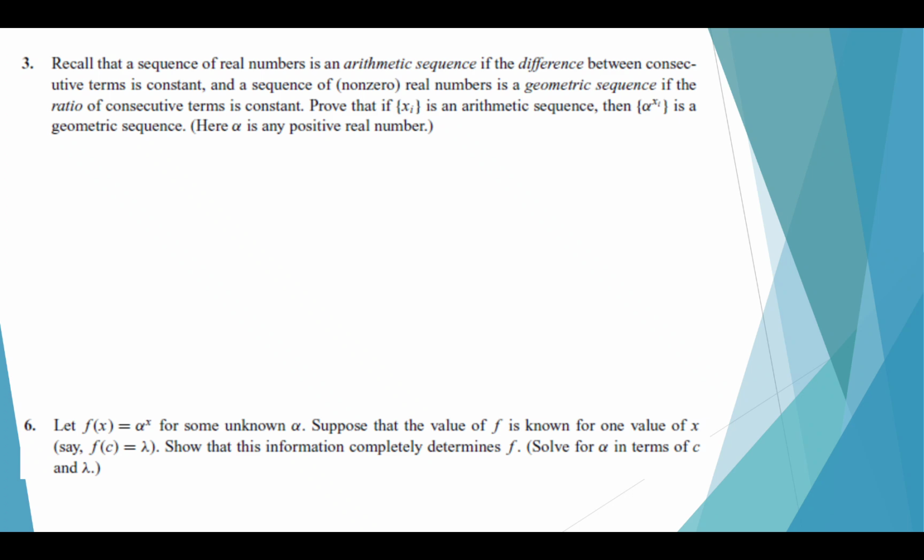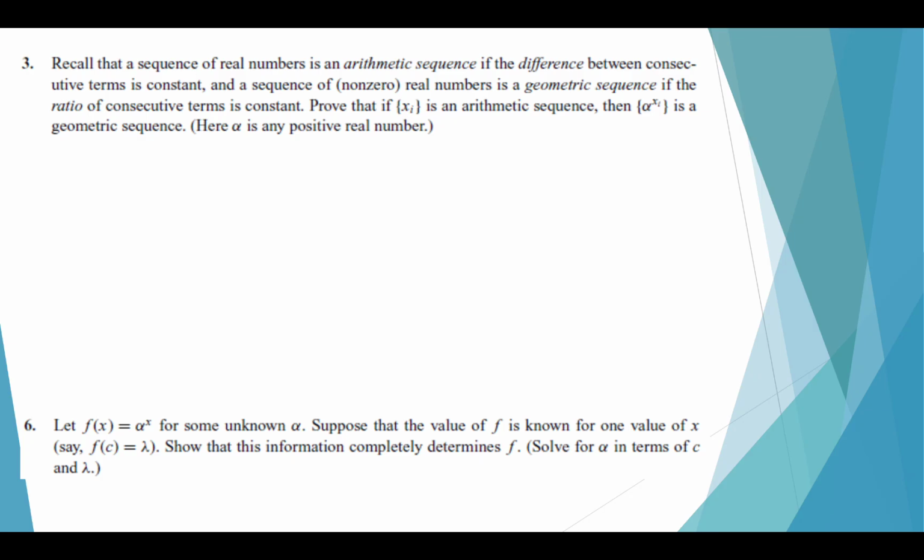So what I want you to do is prove that if x sub i is an arithmetic sequence, then alpha to the x sub i is a geometric sequence. And here alpha is any positive real number.